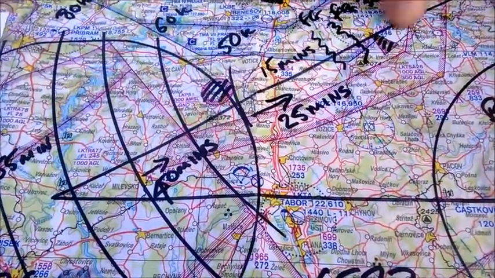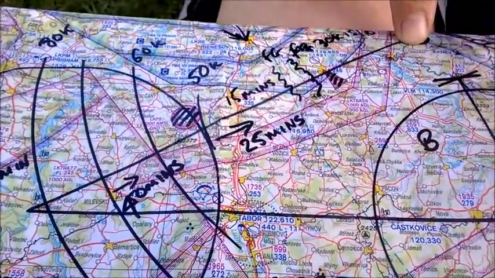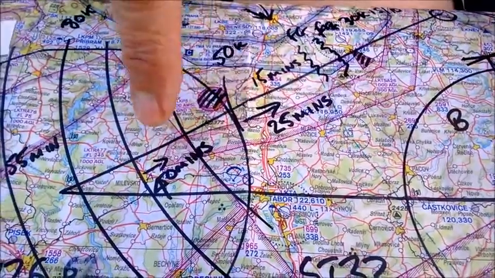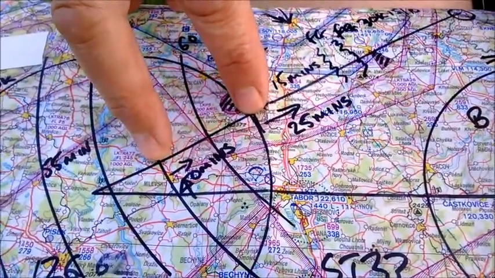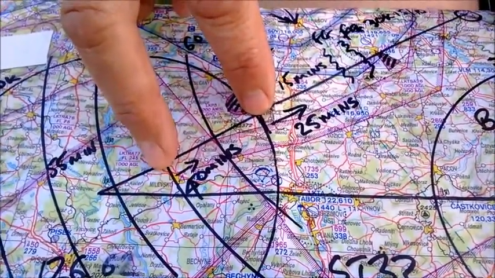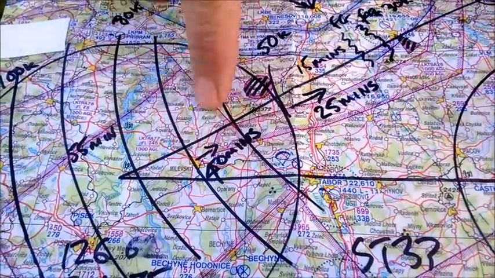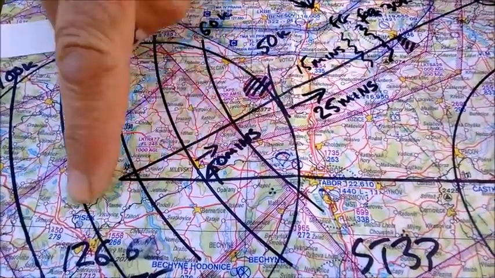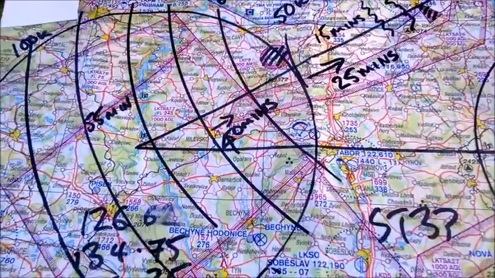So it's about 25 minutes home from there. The next 20k back that way is another quarter of an hour, 40 minutes back from there, and 55 minutes back from there, and so on.